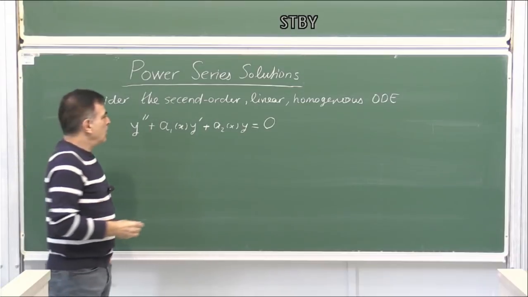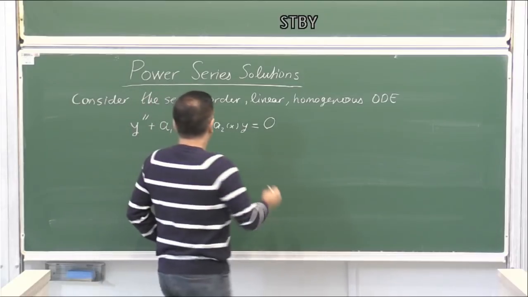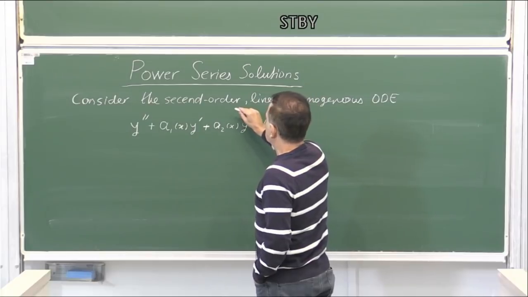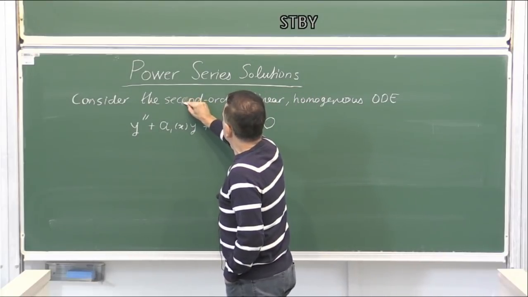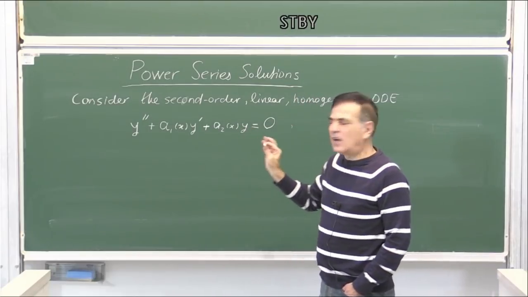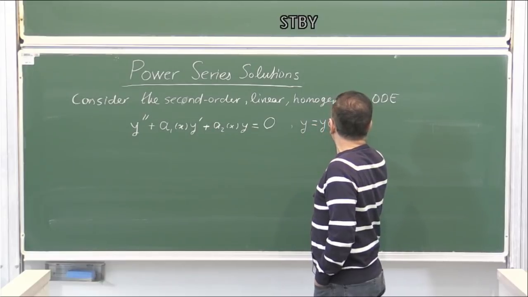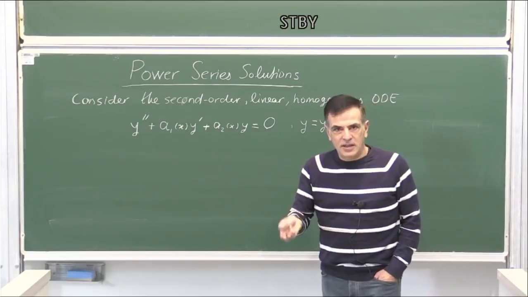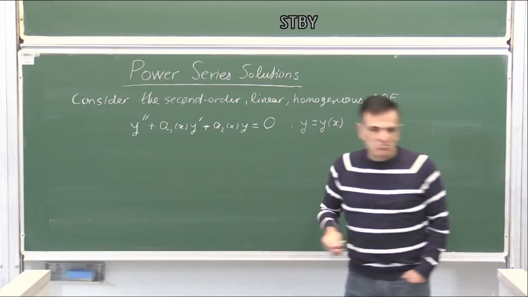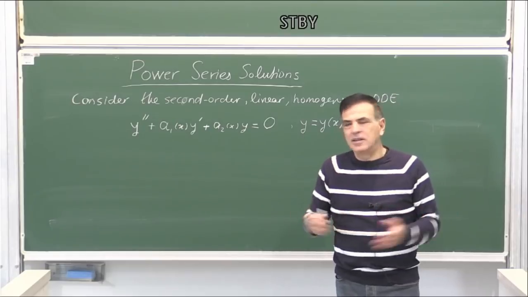Okay? Please note the change in our notation. We use x as the independent variable. In the previous lectures, we often used t to denote the independent variable.